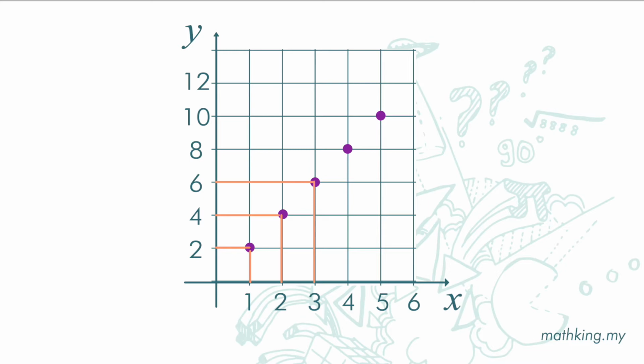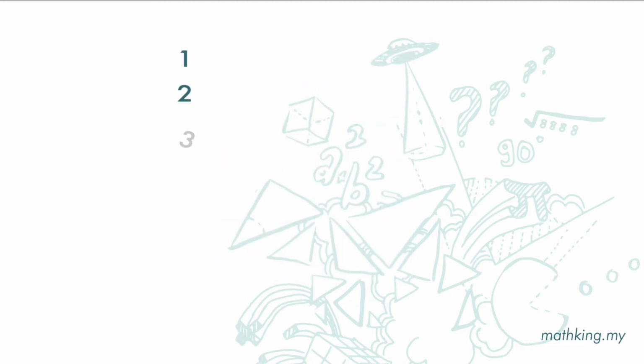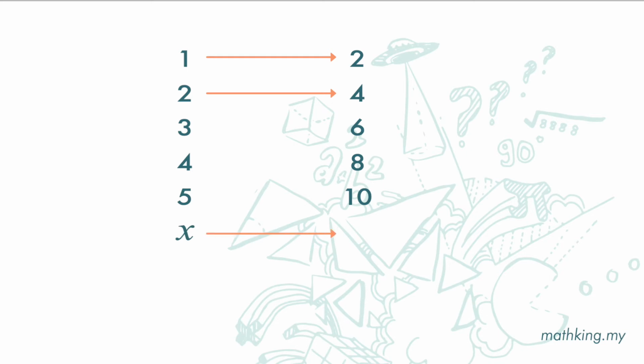Next, let's see how we can represent this relationship in mathematics notations. Now 1 is mapped to 2. 2 is mapped to 4, and so on. So if we have an x here, it is mapped to, well, we can put a y here.